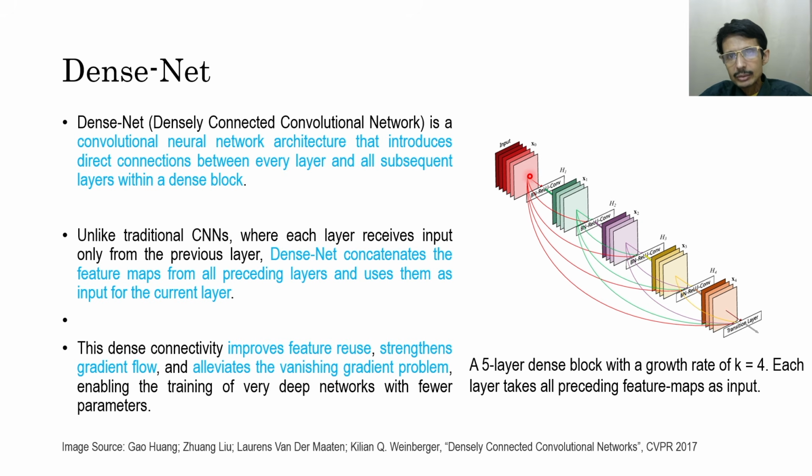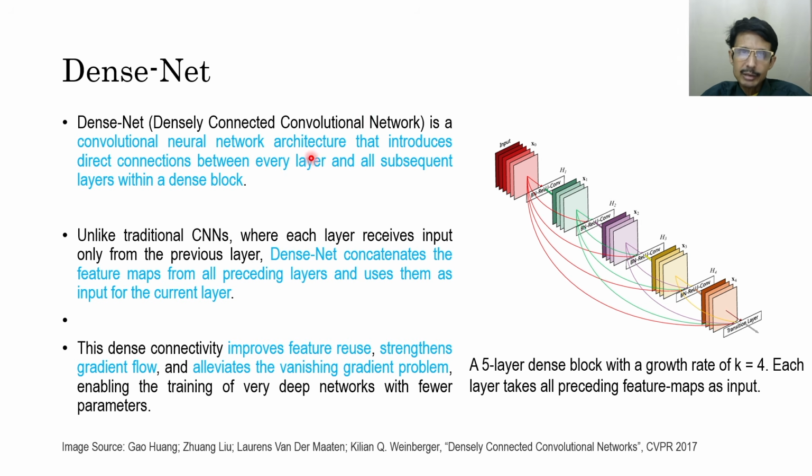Initially, when we studied convolutional neural networks, there were only these connections. But in DenseNet, you can see that this is connected to this, this is also connected to this, and also to this layer. So every subsequent layer, from input to output, is connected, and that is the basic idea.